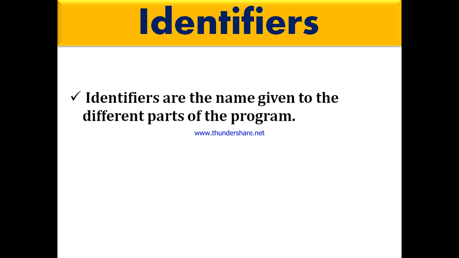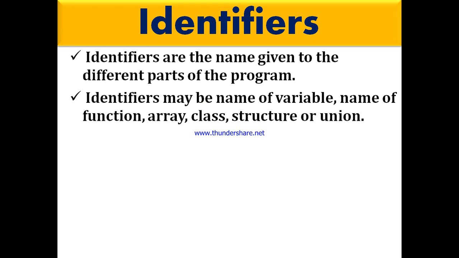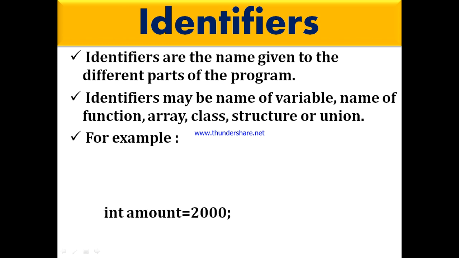The next point is identifier. An identifier is the name given to the different parts of the program. An identifier may be the name of a variable, function, array, class, structure, or union. We will understand this with an example.